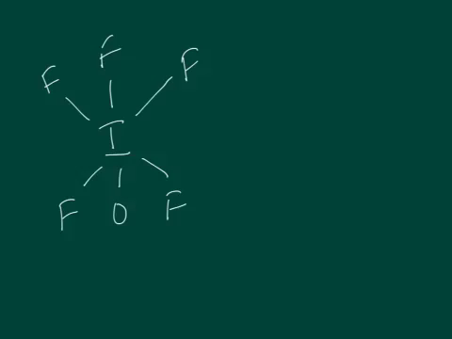So we're going to distribute 48 valence electrons like this. We should have 48 valence electrons. So this is the Lewis dot structure for the IOF5.